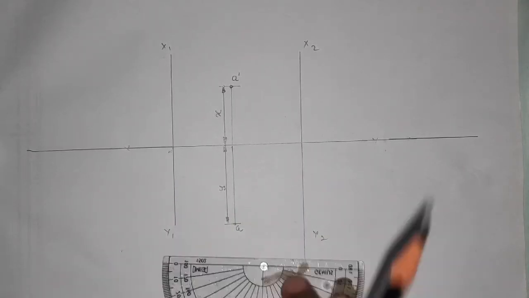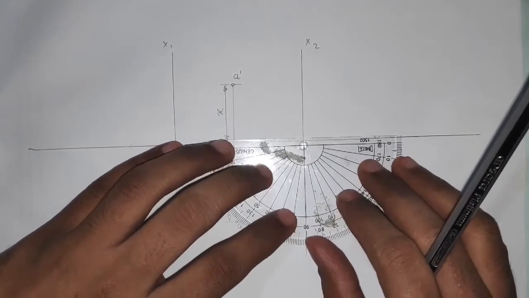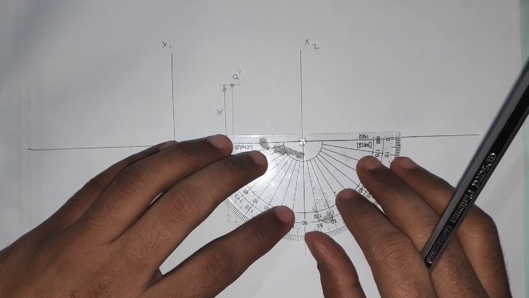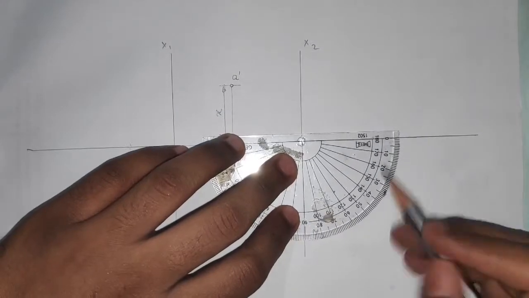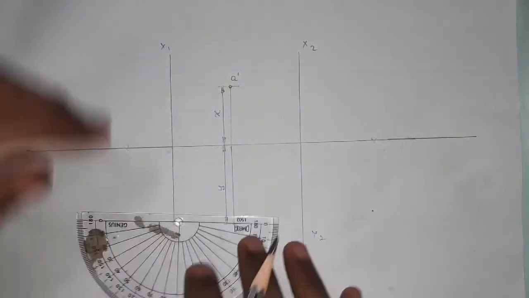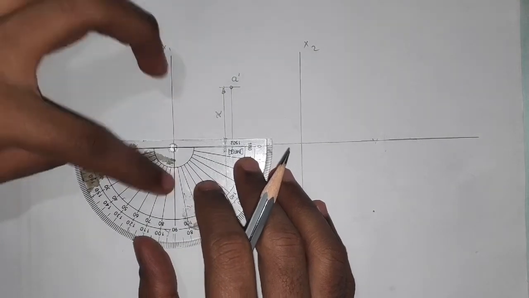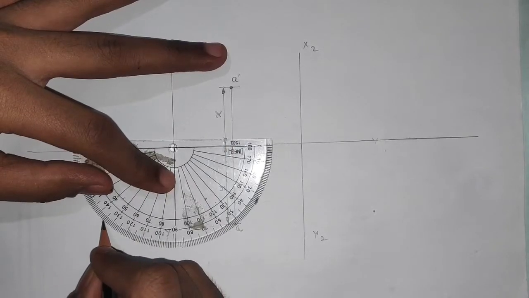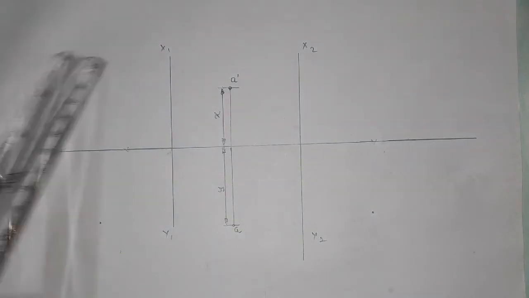So I draw this 45 degree line from this intersection, aligning it properly. Also from this point I'll mark 45 degrees on this side so that I can draw a line over here. So I've marked 2 points.